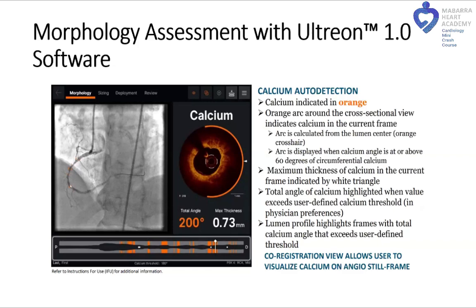The length, you need to scroll down the longitudinal part of the image to measure. But given the total angle and maximum thickness, you already have a score of 3. So in this example, you may need at least IVL or a cutting balloon.